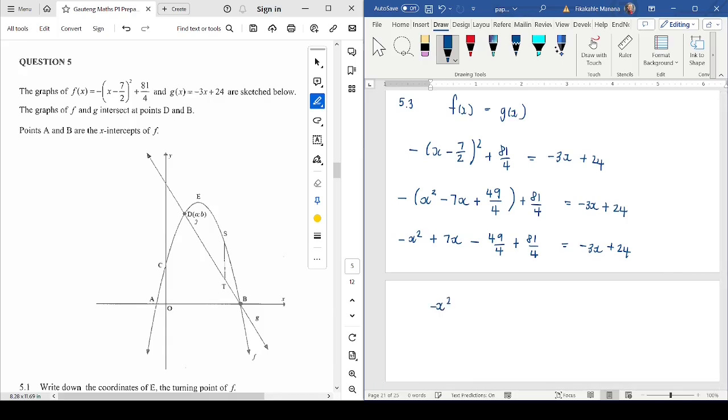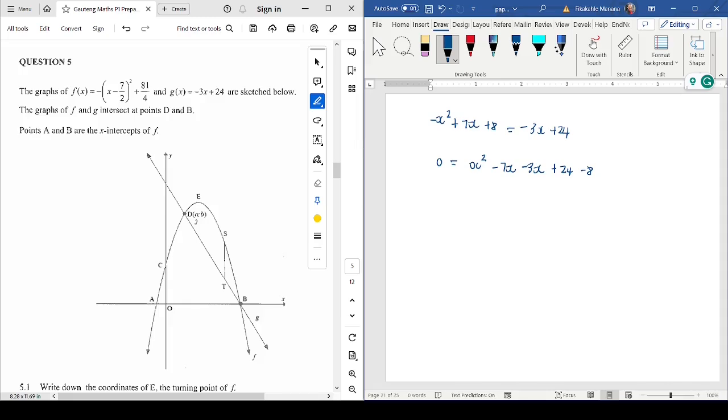So negative x squared plus 7x plus 8 is equal to negative 3x plus 24. I'm going to take everything to the right side. Now I have x squared minus 7x minus 3x plus 24 minus 8.